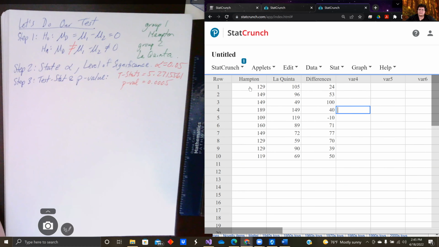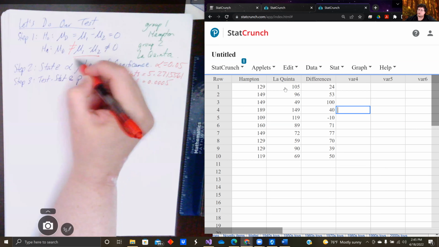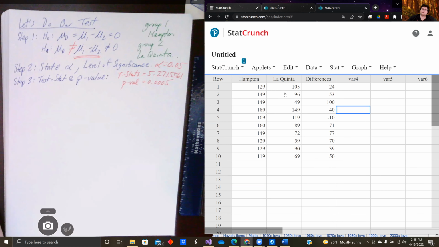The difference is they just take group 1 and they subtract group 2. It's based exactly like what it says right here. Group 1 minus group 2. So 129 minus 105 is 24. 149 minus 96 is 53. And it goes down the list and does them all. And then it does its test on this information right here.